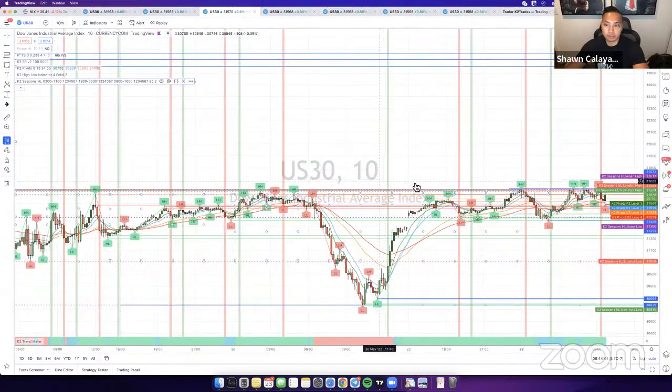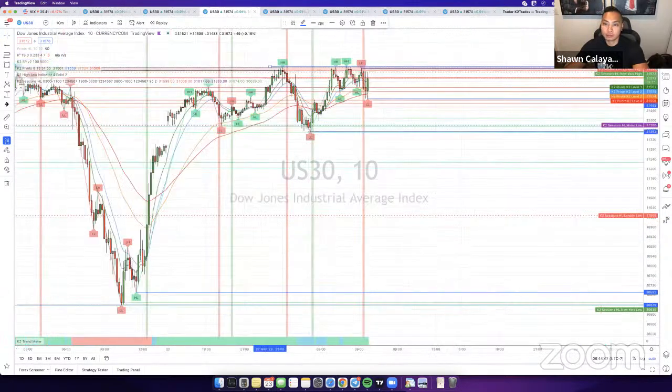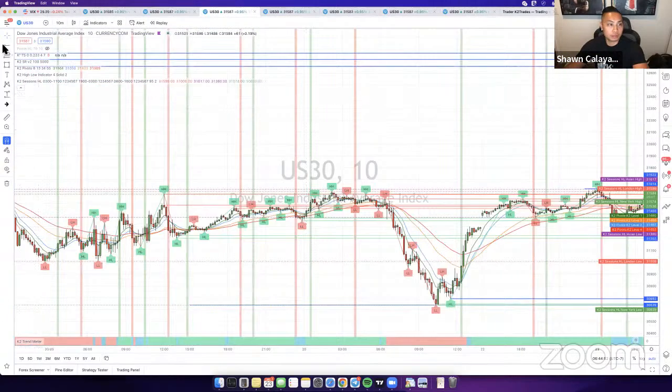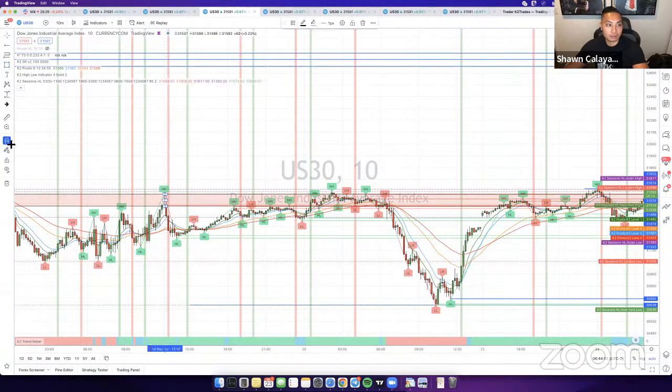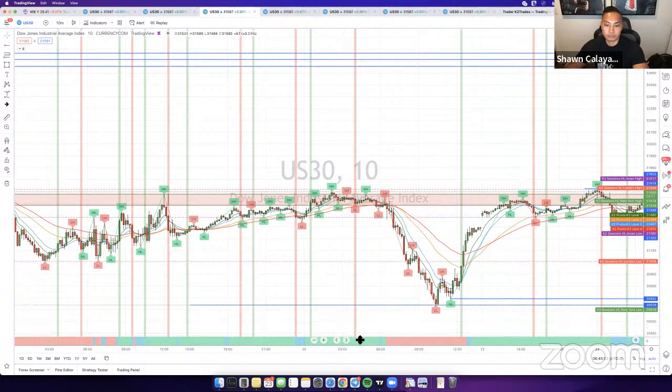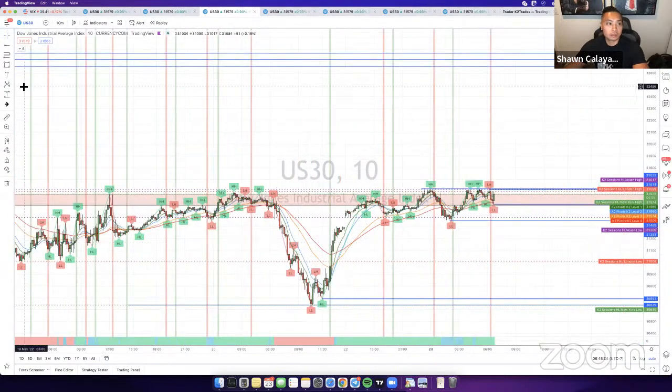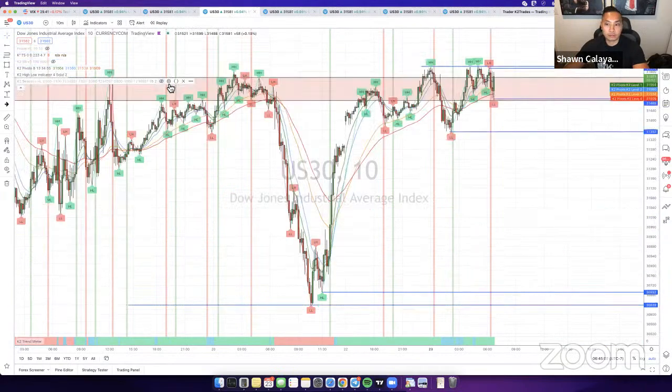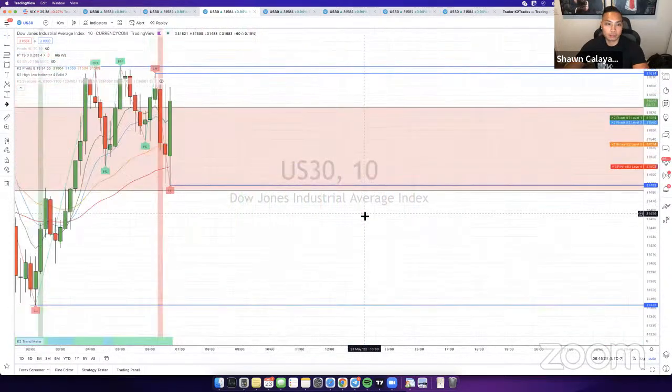Yeah, I probably missed something here. You guys might be referring to this area right here. Super messy chart. Let me just turn off the sessions. Okay, this cleans it up a whole lot more.